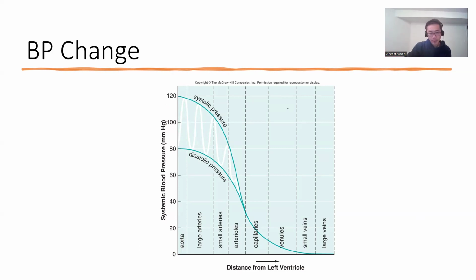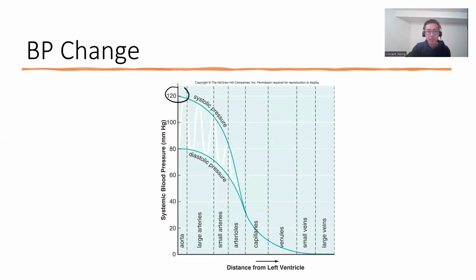We already explained this earlier, right? The pressure is highest in the aorta, and then it drops. But this graph shows you additional information. You can see here at the beginning, the blood pressure fluctuates.